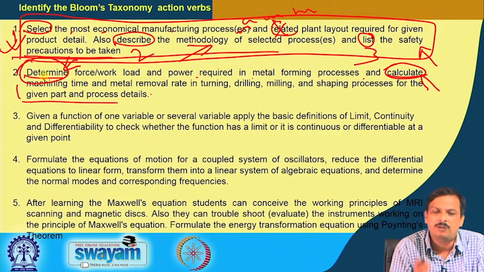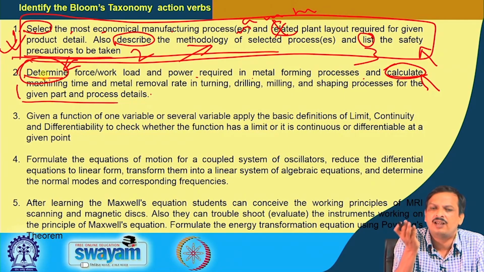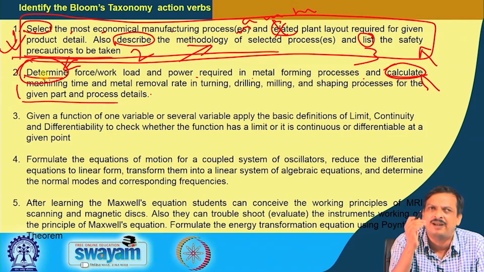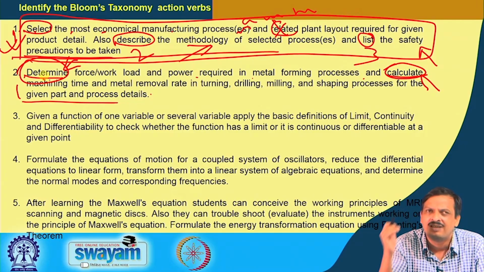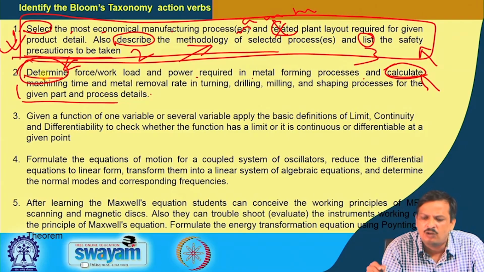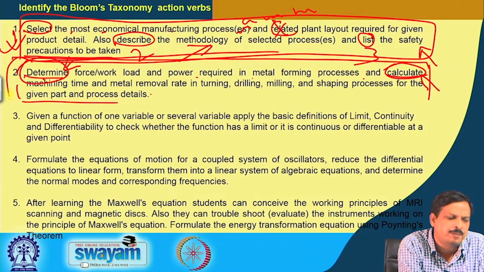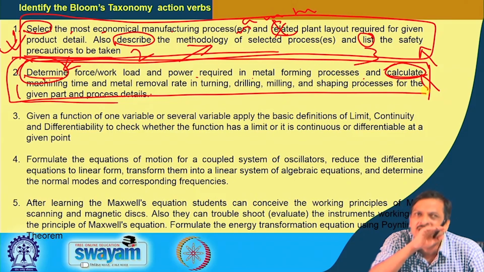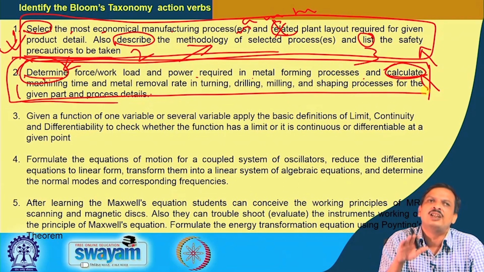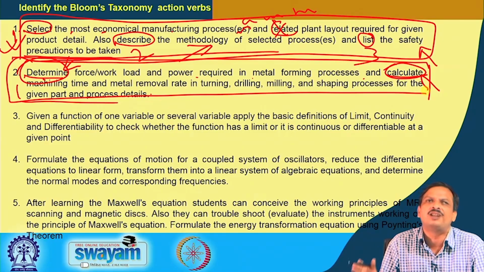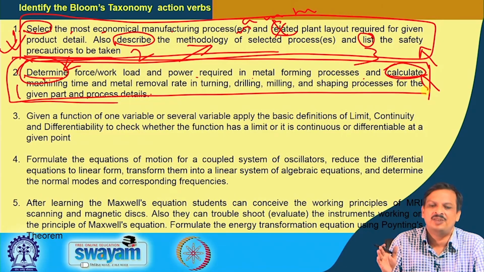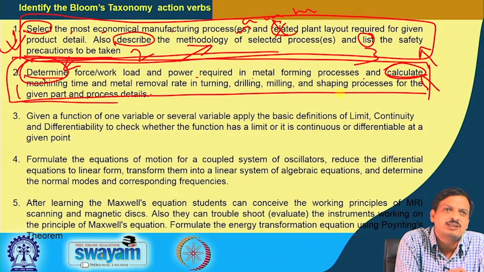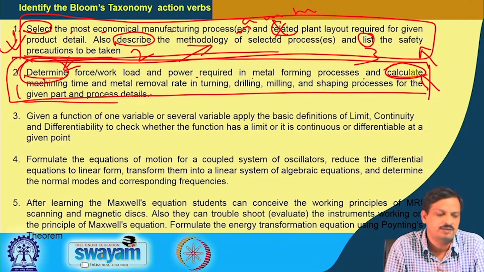Analysis, because knowledge is the lowest level, then comprehension, then application, then analysis. So, analysis is a higher cognitive level than application. Bloom says that if you achieve the analysis level, it is assumed that you have already achieved the application, comprehension and knowledge levels. So, the cognitive level of the outcome is analysis and the action verbs are determine and calculate.